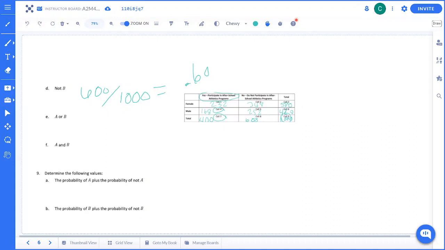So the females are going to be 232, but it could also be the 348. So really we could just look at the total of females over here, so 580.